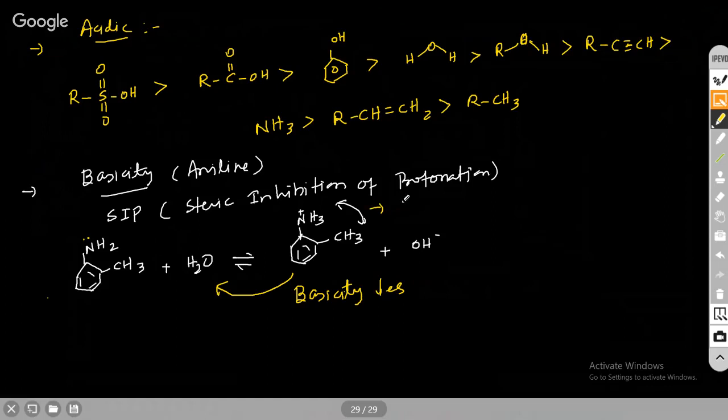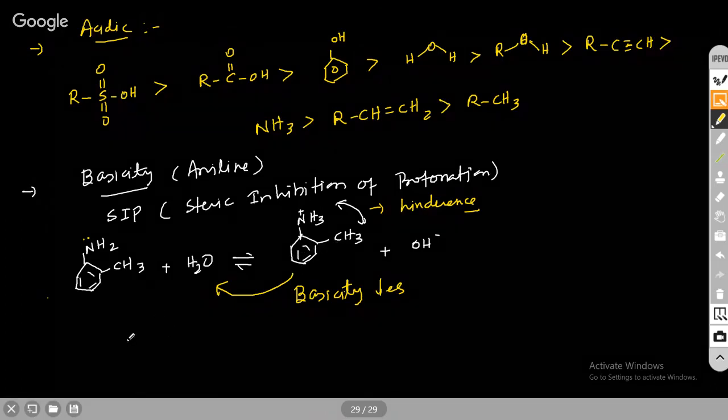Since this steric hindrance is there, it has more tendency to go in the backward direction, and hence the basicity decreases. So what we can say is that ortho substituted aniline is less basic than para or meta substituted. Got it?